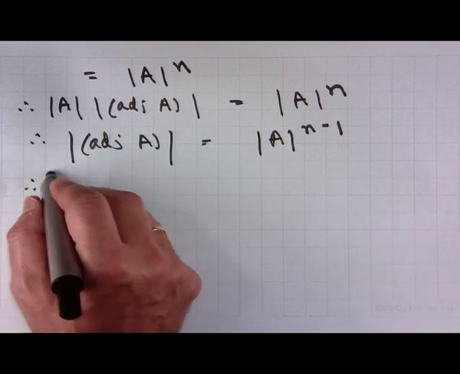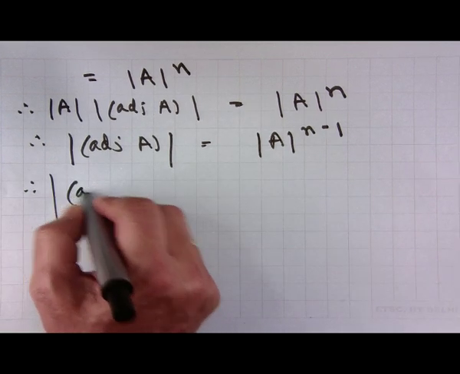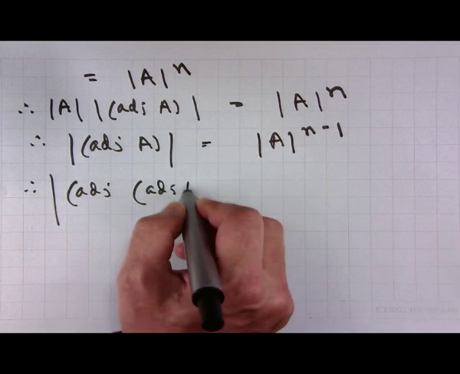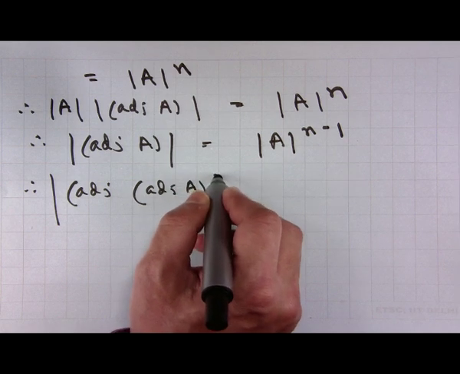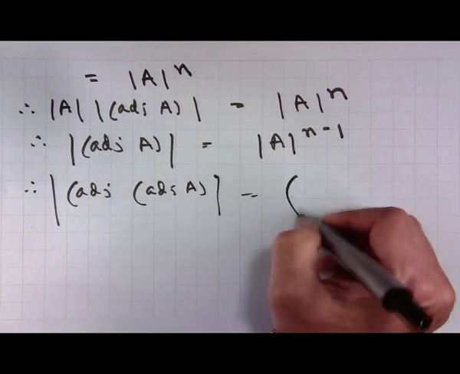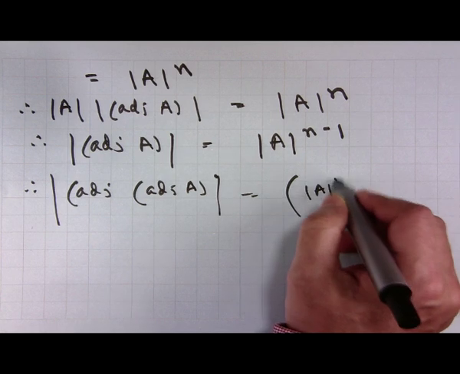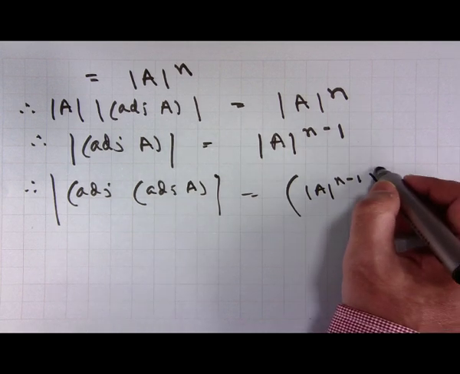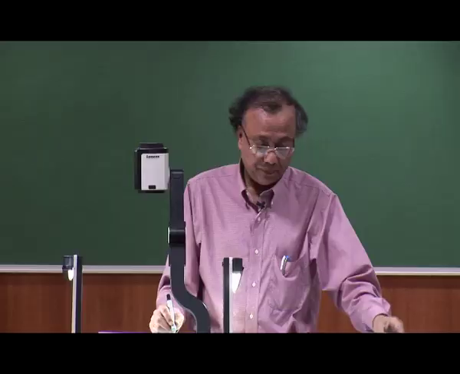Therefore, determinant of adjoint of adjoint of A is equal to determinant of A to the power n minus 1, whole to the power n minus 1.